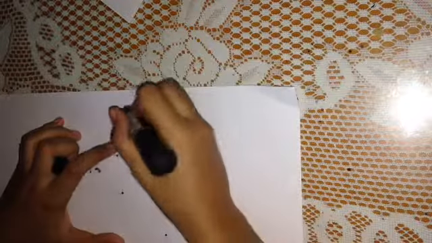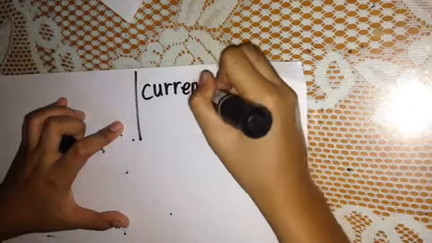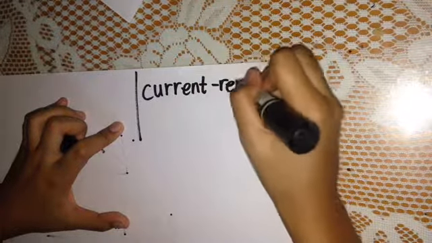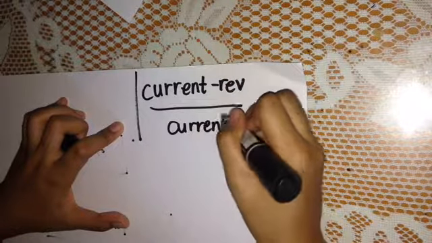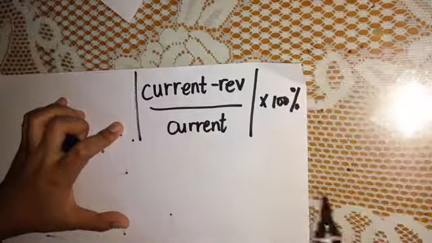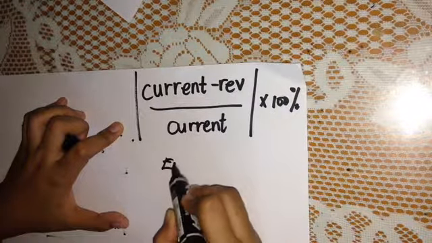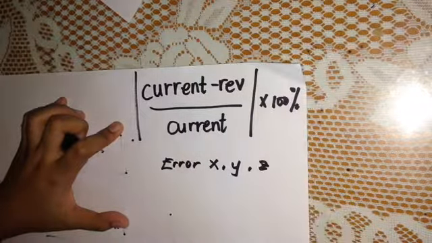The formula for the error is the absolute value of current minus previous, over current, multiplied by 100, and we will get the value of error for x, y, and z.